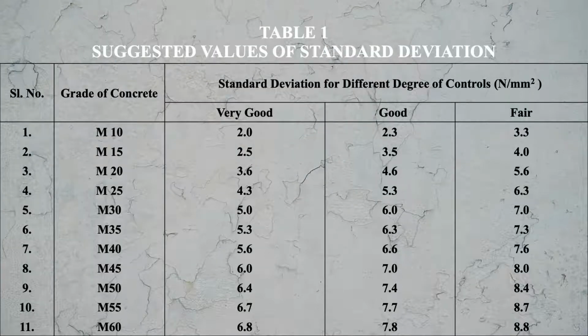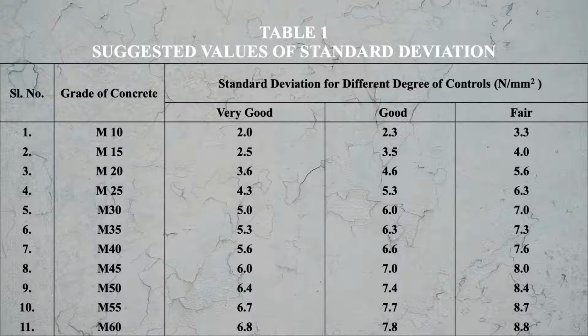And this table is reproduced here, which gives the suggested values of standard deviation for different grades of concrete, and the standard deviation for different degrees of control is given here, like very good control and fair control. So here you see that from M10 to M60 these standard deviations are given.